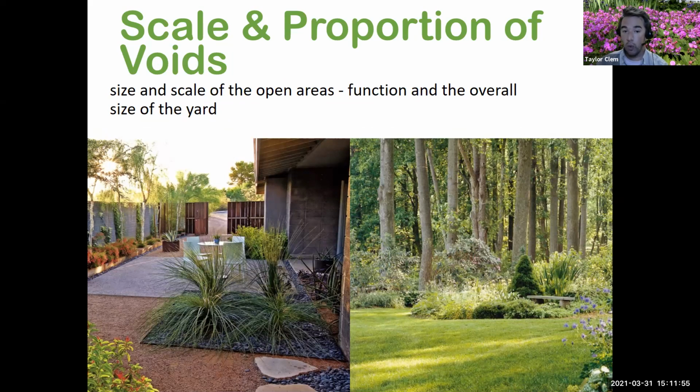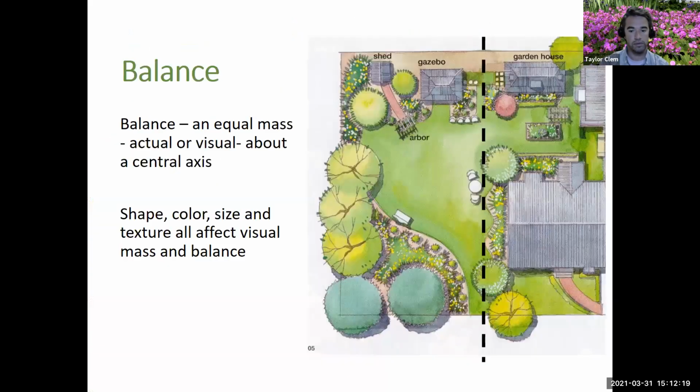But the minute you take away that wall, it opens up that space and makes it seem much, much larger. Theoretically, we can take the same size space and, just by doing minor changes in plant selection, visually make those places shrink or grow.